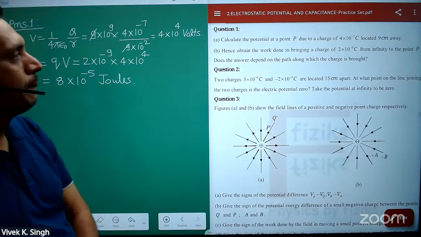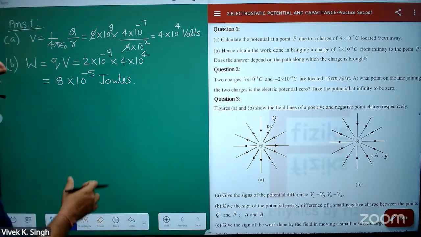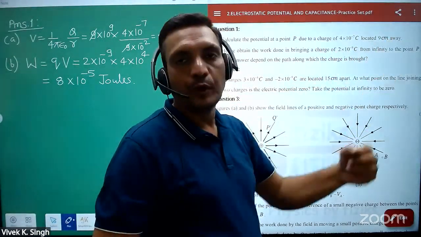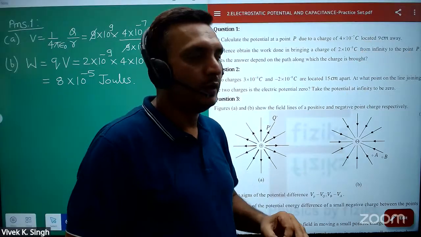This will be the work done in bringing charge Q from infinity to point P. At infinity, potential will be 0.